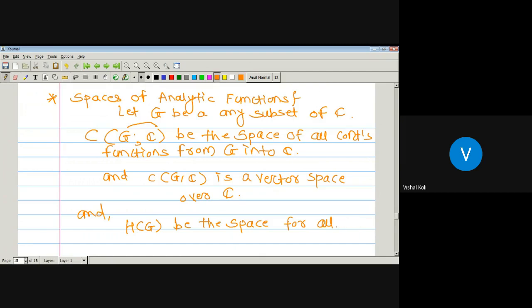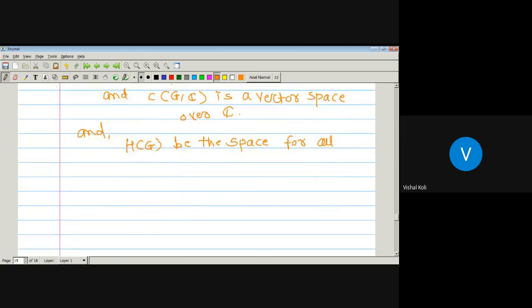All continuous functions from G to C is nothing but this set C of G, C, and H of G is nothing but the space of all the analytic functions on this set G. So whenever G is any subset of C, the space which contains all the analytic functions on G is H of G. Remember this. This will be useful in the next theorem.